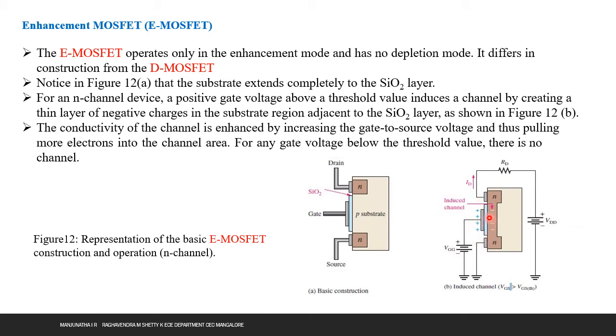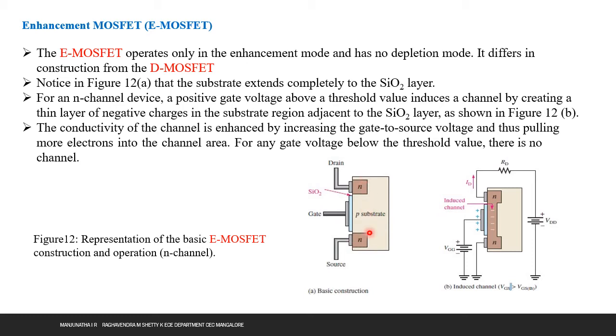Because of the accumulation of these positive charges, they try to attract the opposite polarity, the negative charges. How are they going to attract the negative charges? Coming back to figure 12a, from where will they attract the negative charges? From two regions: one from the P substrate, another from the N regions.